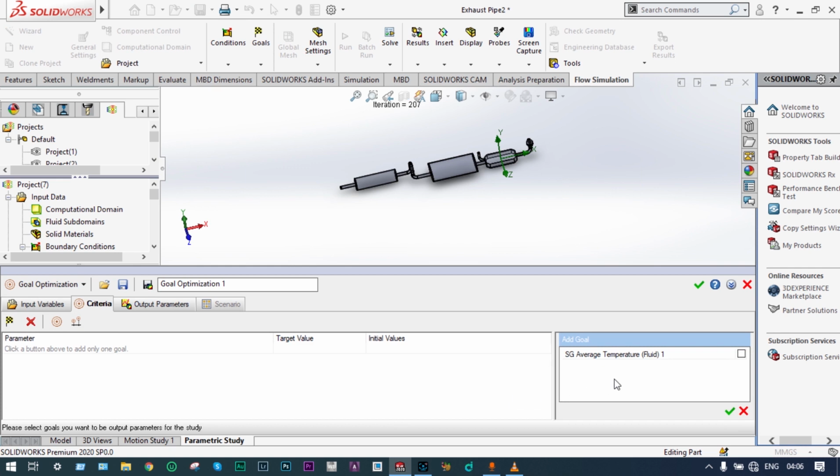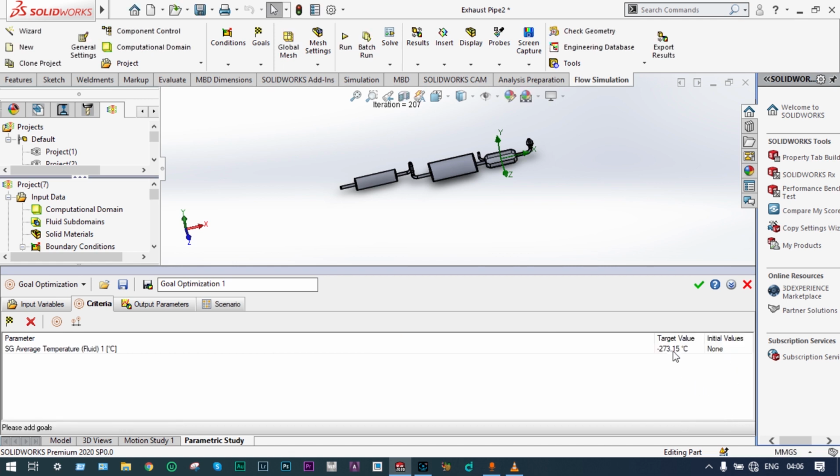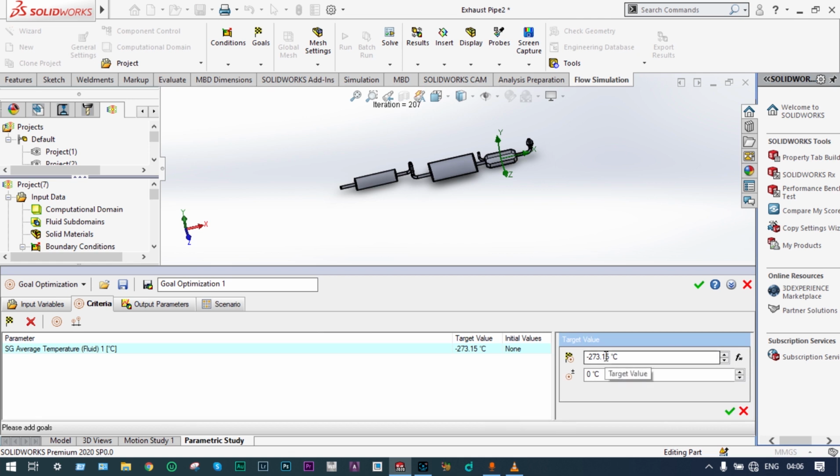We have only one goal to be finalized, that is average temperature of fluid to be 200 degrees centigrade. Green check, and the target value we are fixing as 200 degrees centigrade. We want to achieve this temperature with a variation of plus minus 0.5 degrees centigrade. Green check.